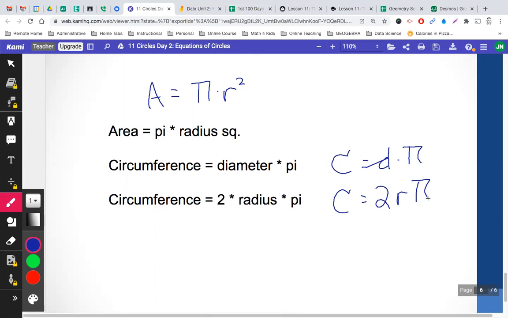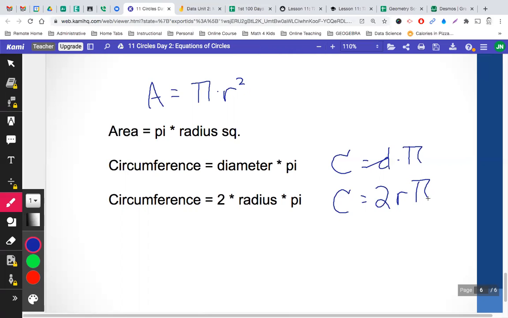Which means you have to solve for the radius and then plug that in to get your circumference, right? These are good practice for end of course test questions because they like to give you one fact, and from that fact, you have to go backwards to get a building block, in this case a radius, and then use your radius to find the other part.